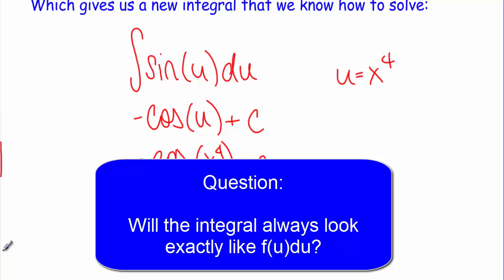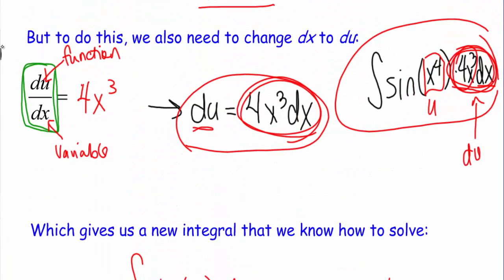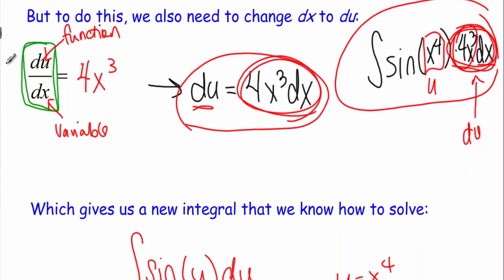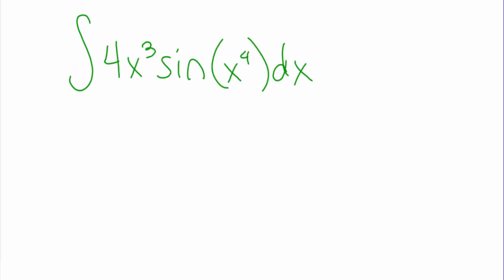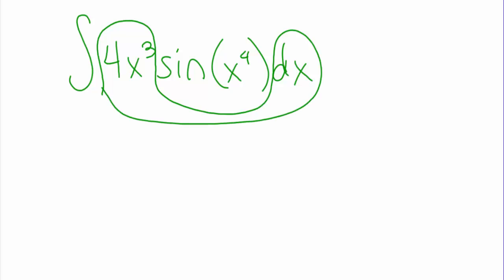I can hide it, like I can make it so it doesn't look quite so much like that. Like if I had written it maybe as, let's just get a new page. If I had written it as this, then I have to actually put it together like that to get the du. So it's a little harder to see.